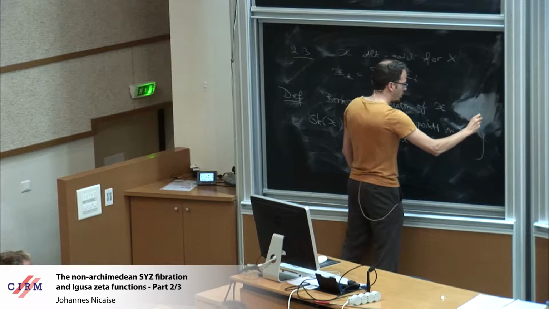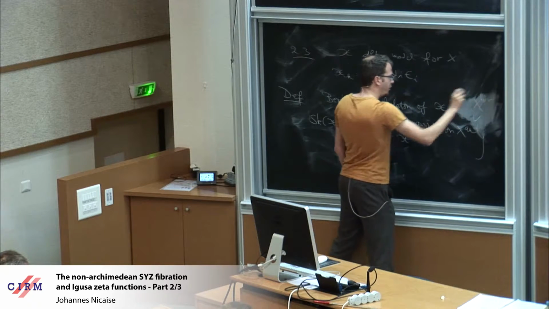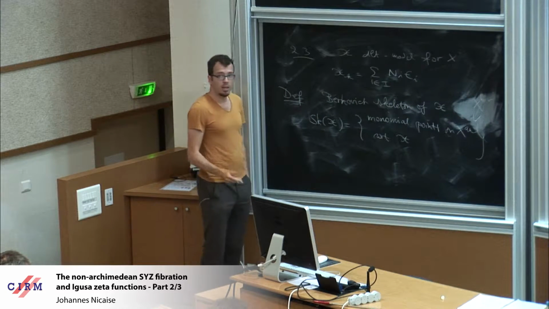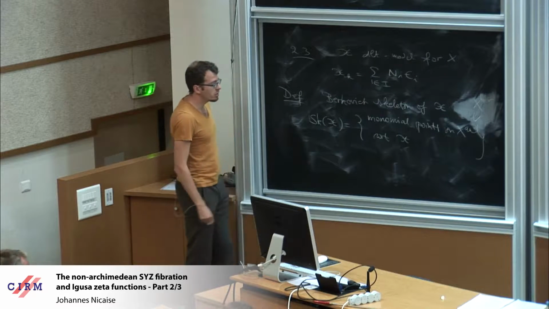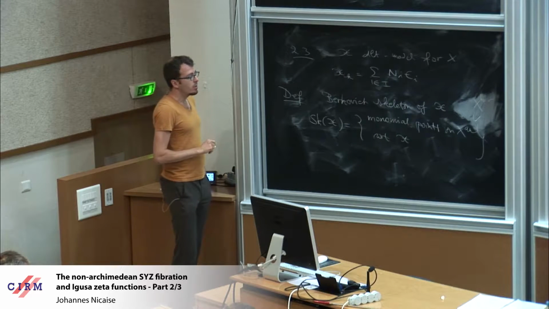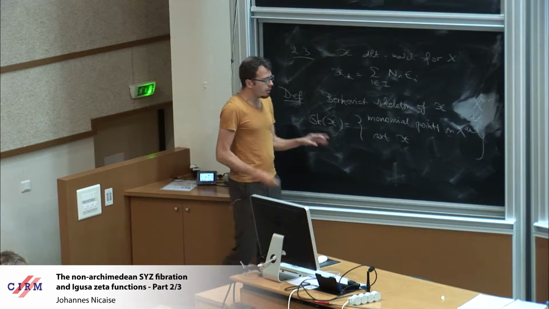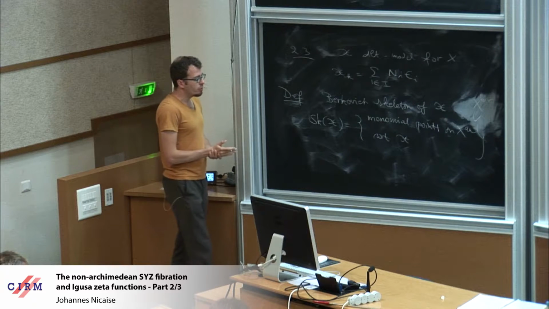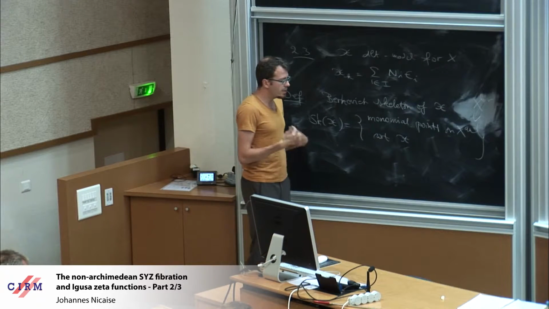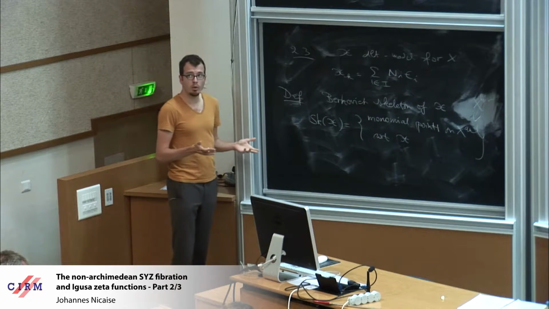So by construction, this is a subspace of what we called the space of birational points last time. So the space of all the real valuations on the function field of X extending the discrete valuation on the base field K. And so I explained last time, I didn't give you a precise definition of monomial point, but I explained what are the data that we need to construct these monomial points.